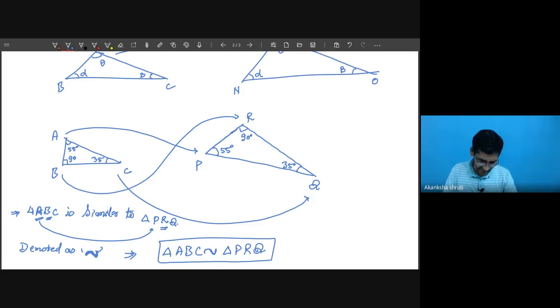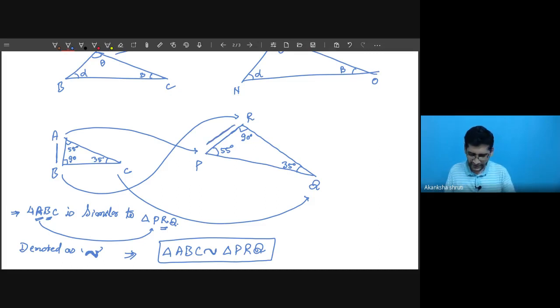In this case, if we want to observe the side ratios, then observe carefully. For writing the side ratios, I am going to take this AB. AB is lying between 90 and 55. So that 90 and 55 you have to match.